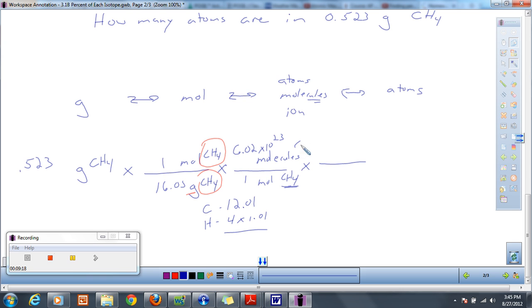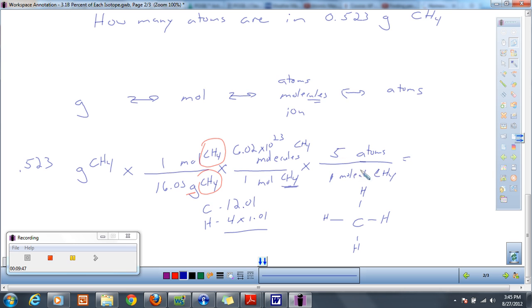And from there, we can go from 1 molecule of methane finally into atoms. Okay, so how many atoms are there per molecule of methane? So methane is the following molecule. We have 1, 2, 3, 4 hydrogens and 1 carbon. We have a total of 5 atoms.